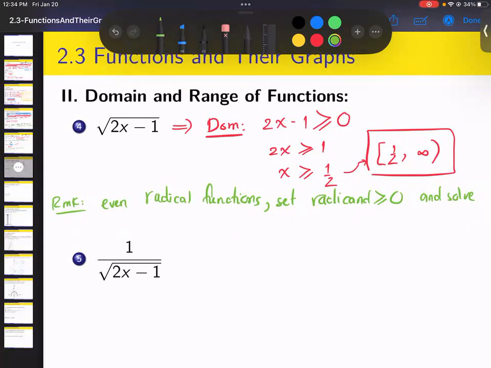The radicand cannot be negative, so you set this greater or equal to 0. But because the whole thing is in the denominator now, where before it was on the top, right? So what else should you do on top of that?